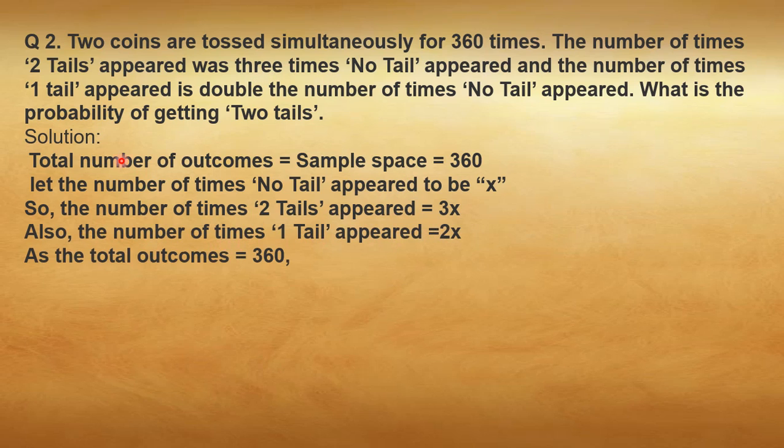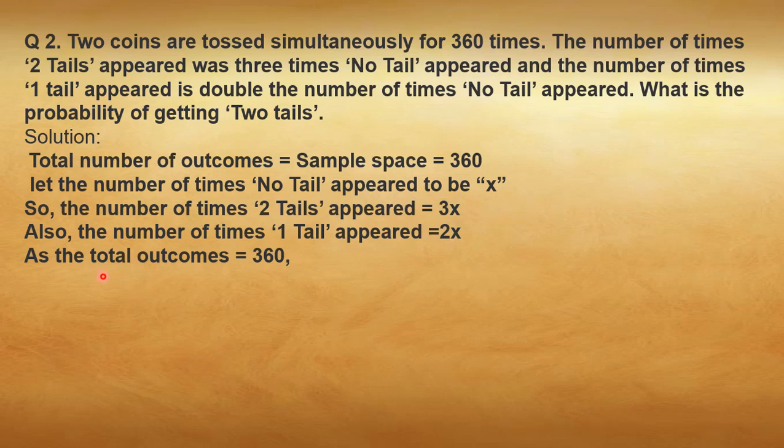Also the number of times 1 tail appeared is double the number of times no tail appeared, so it is 2x. So we get the expressions: 2 tails appear 3x times, 1 tail appears 2x times, and no tail appears x times.